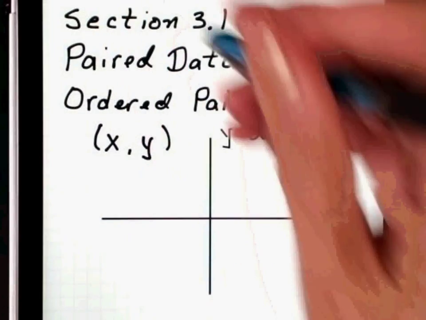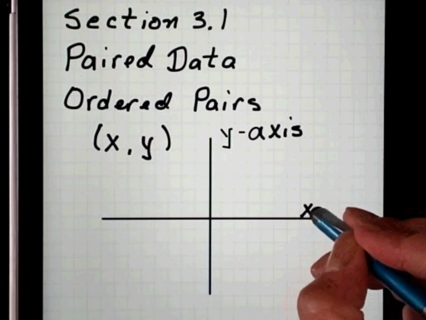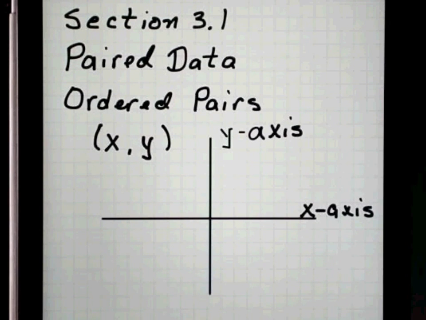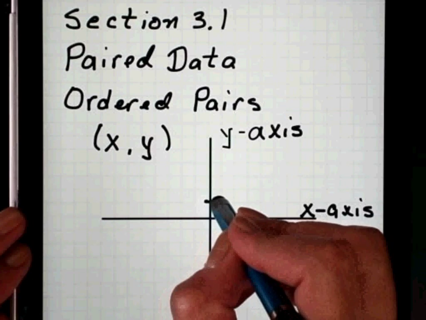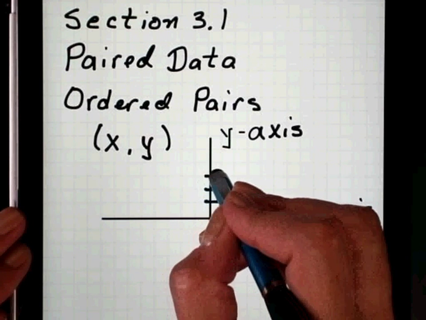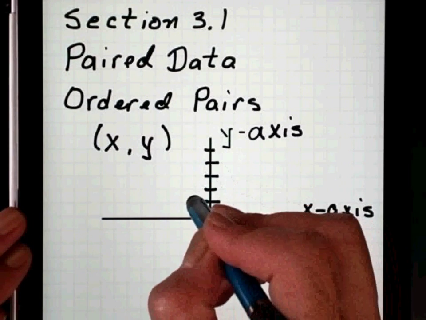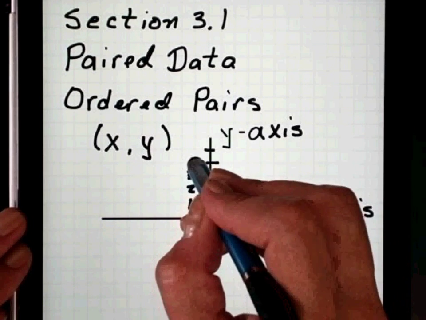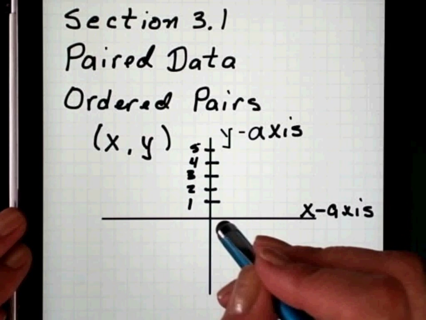That is the X-axis. Just like all other number lines, we typically have a set of tick marks that tell us the scale. If I put tick marks on, then typically I put numbers next to them, 1, 2, 3, and so forth.